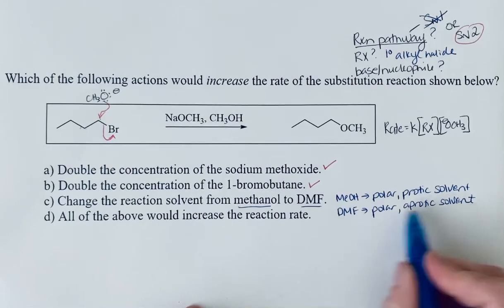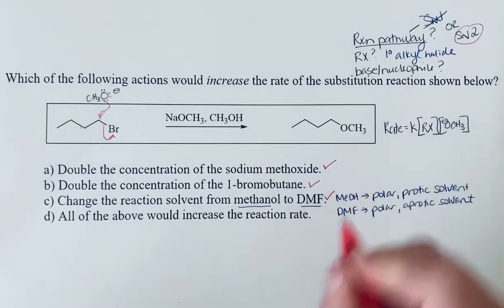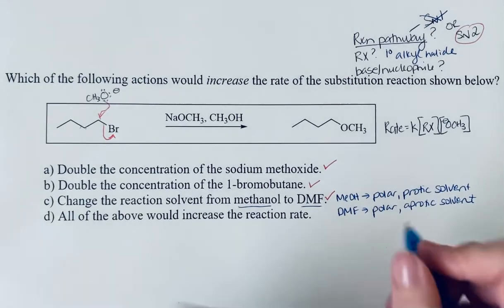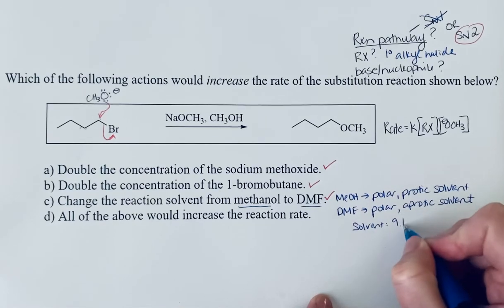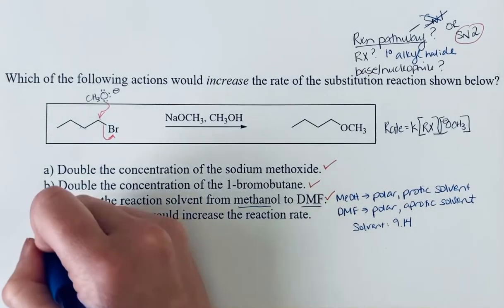And polar aprotic solvents will increase the rate of an SN2 reaction. And if you want to see more about the solvent effects, you can take a look at section 9.14 in your textbook. All right, so we've seen that these will all increase the rate, so that means all of the above is our correct answer.